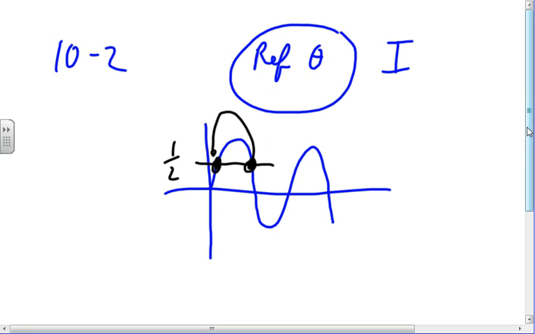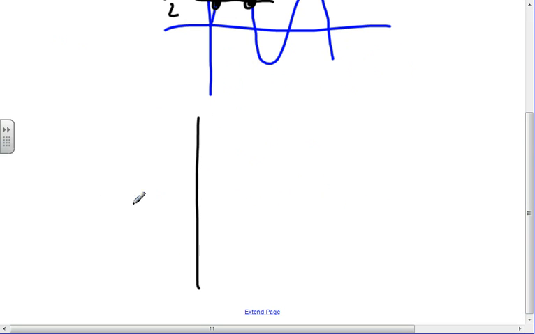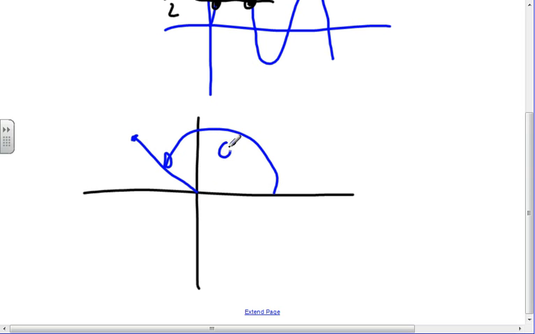Okay. Well, that looks clear as mud. So I got this XY plane, and I got this point over here. And I got some angle right there. See that angle? Theta.